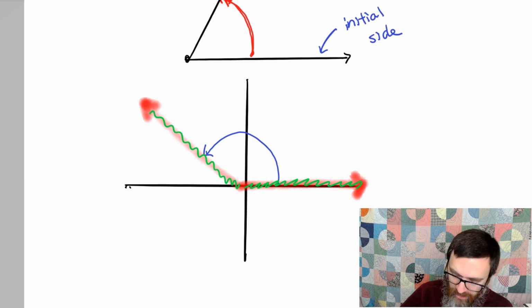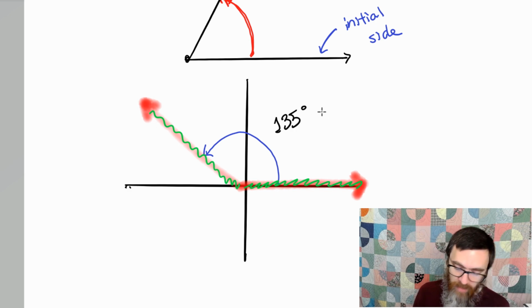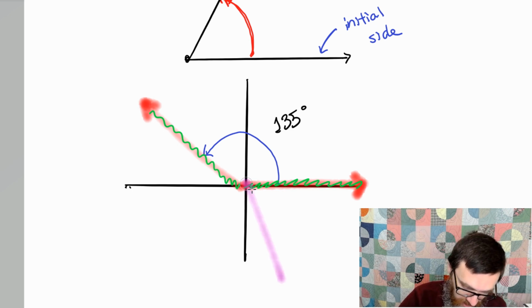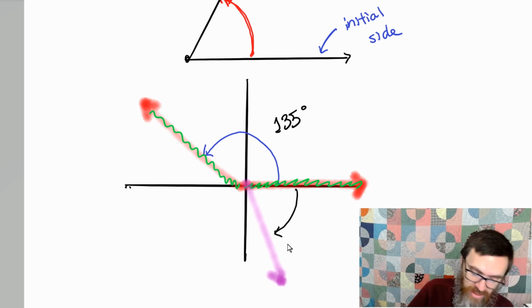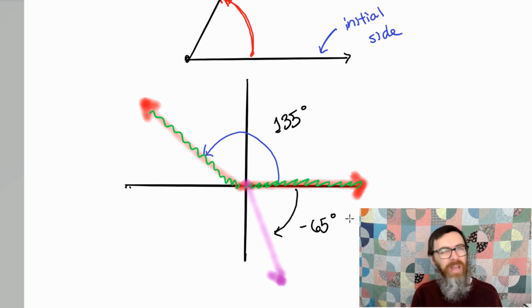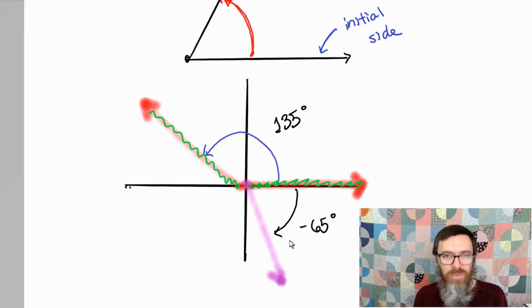So, for example, this guy right here might have an angle measure of, let's say, 135 degrees. But we could have an angle that does, say, something like this. And so if we were to measure this one, if we go down like this, we might say that this is, say, negative 65 degrees. So it's all about how you rotate, and that's going to determine whether you have a positive angle like this one or a negative angle like that.